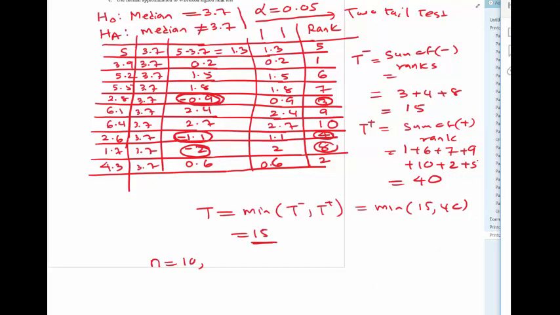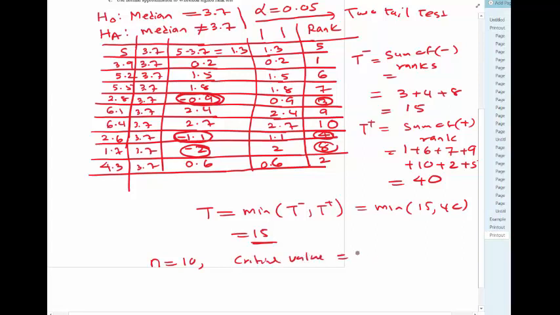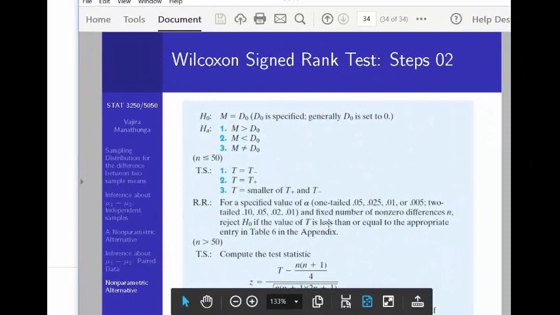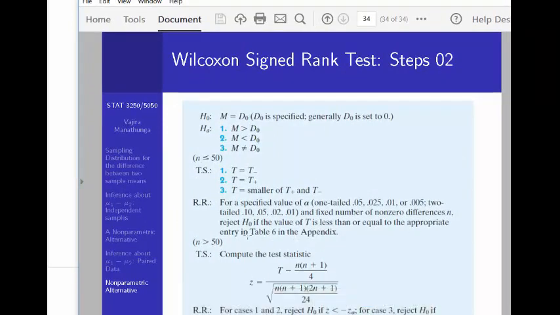So the critical value is 8. Now how do we know whether we are going to reject or fail to reject? If you read the slide again, if the test statistic is less than or equal to the value given in the table, then you reject H0.